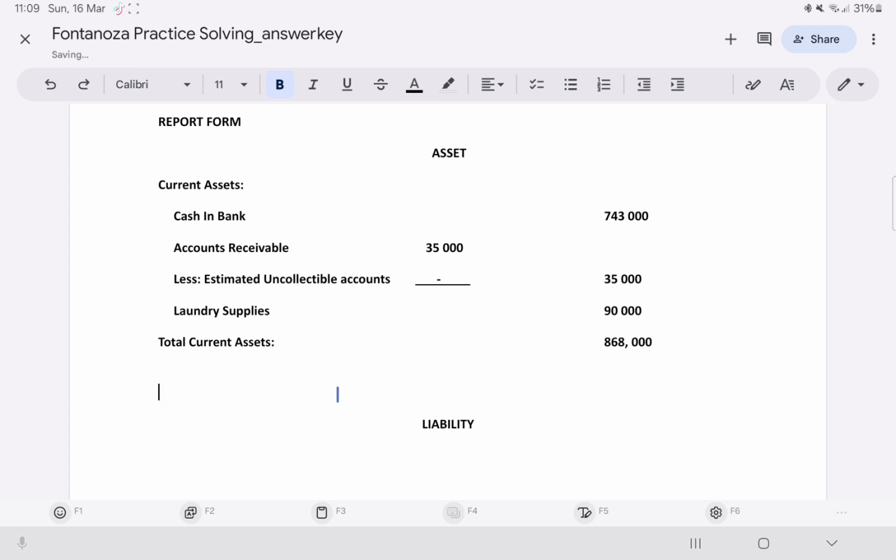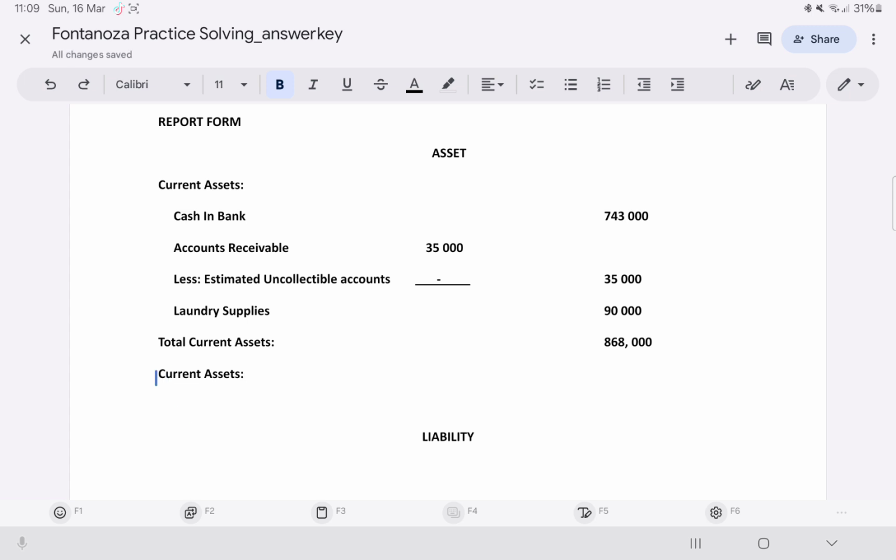Let's continue, and later on we can identify if our financial position or balance sheet is balanced or not.